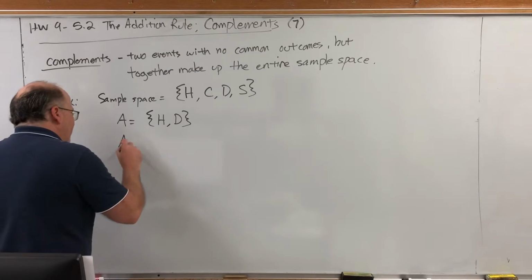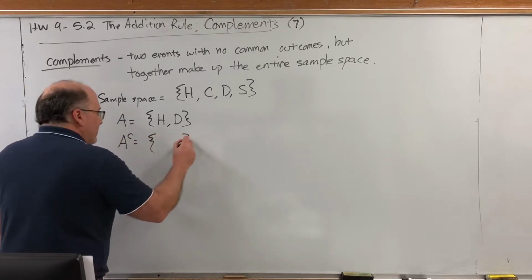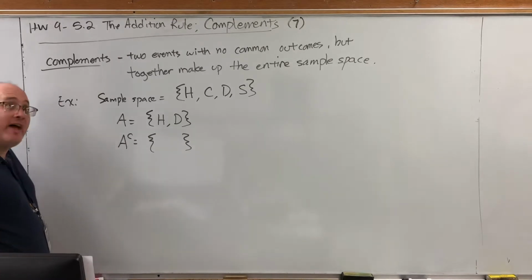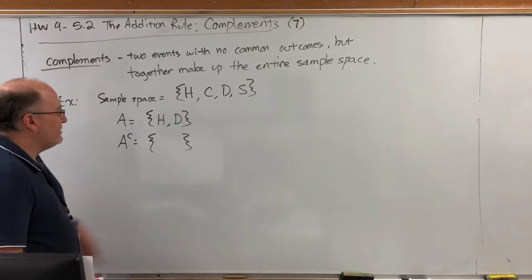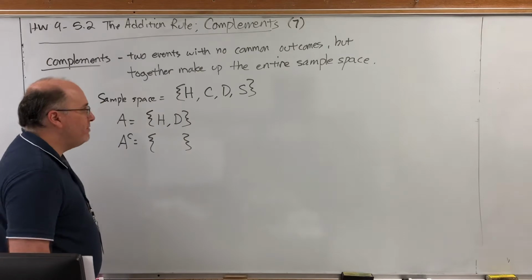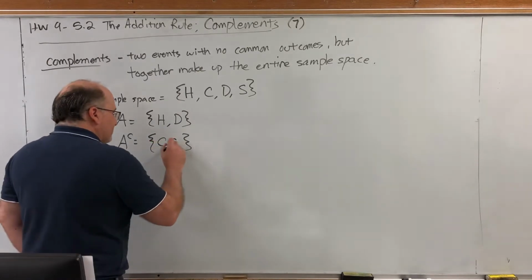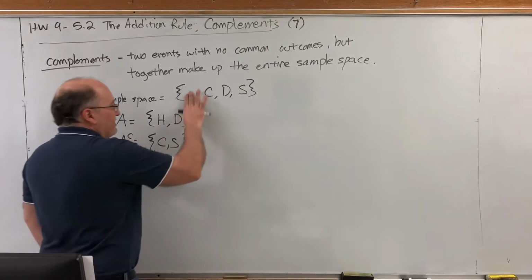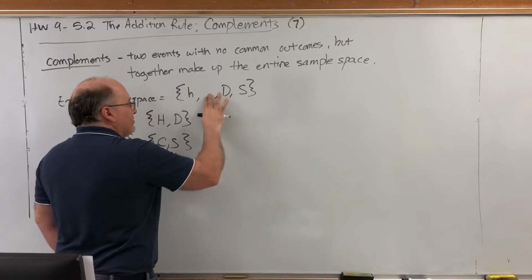The complement of A would be the outcomes from the sample space that were missing from A. So what outcomes from the sample space are missing from A? Clubs and spades. And you know what? I really shouldn't have used capital letters because capital letters represent events.